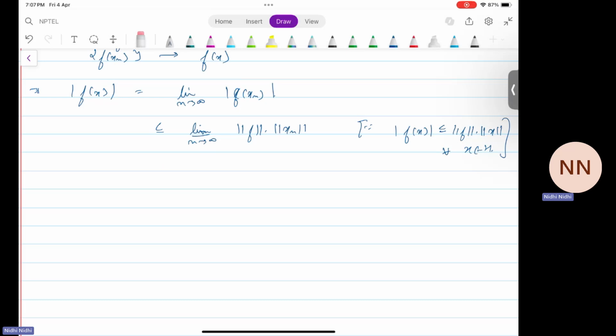So therefore mod f of x is less than or equal to the limit inferior as n tends to infinity of norm xn times norm f. You can take this norm f outside because it is independent of n, and this holds for every f in H star.